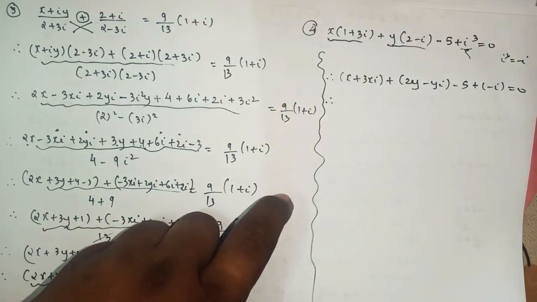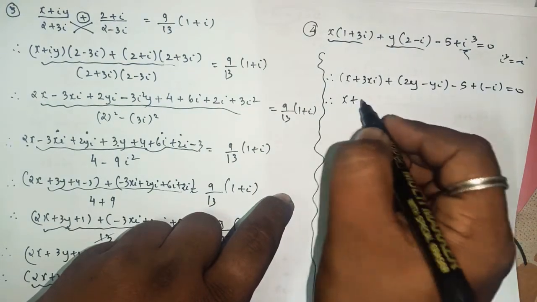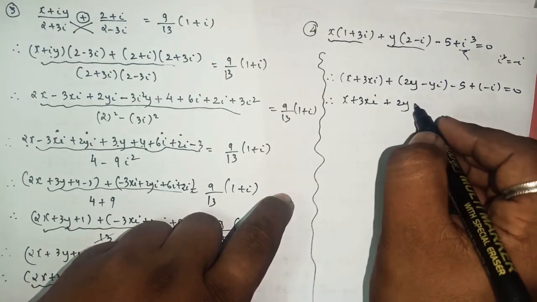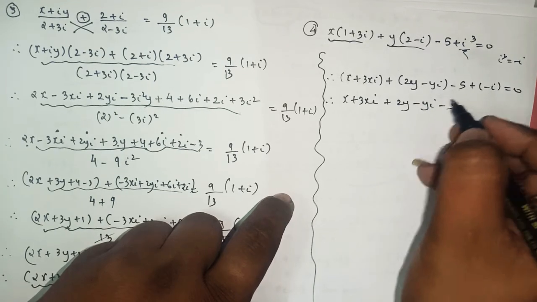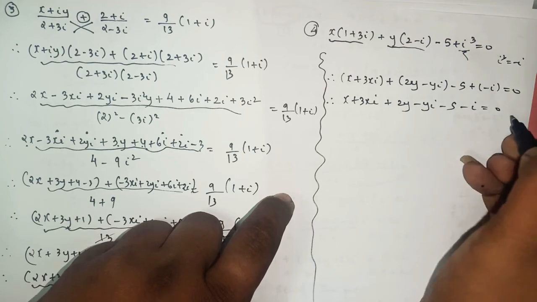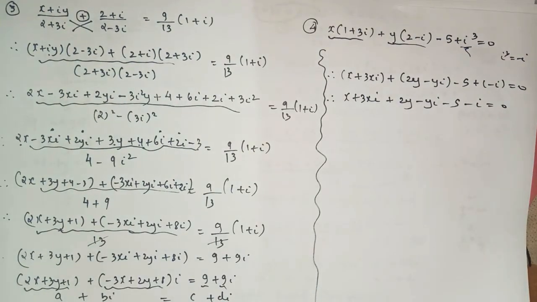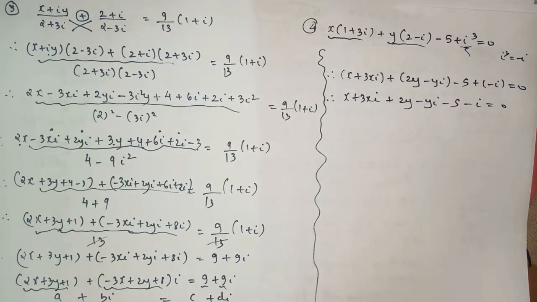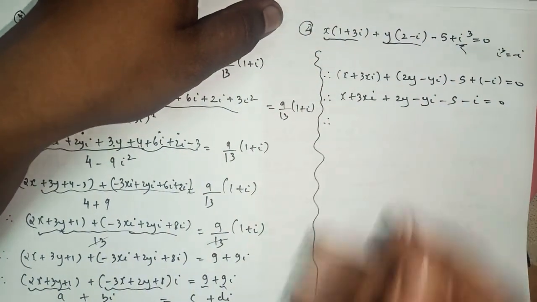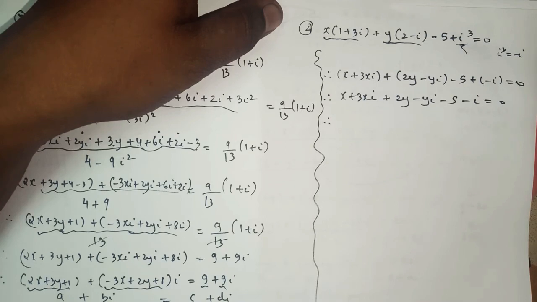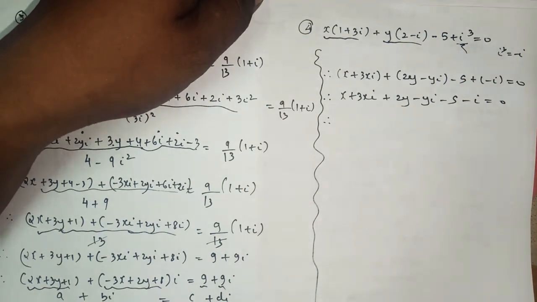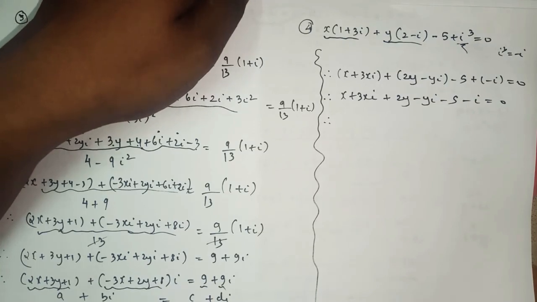So here x plus 3xi, 2y minus yi, so minus 5 plus minus i equals to 0. After this, there are two different methods in which we can frame our linear equation.